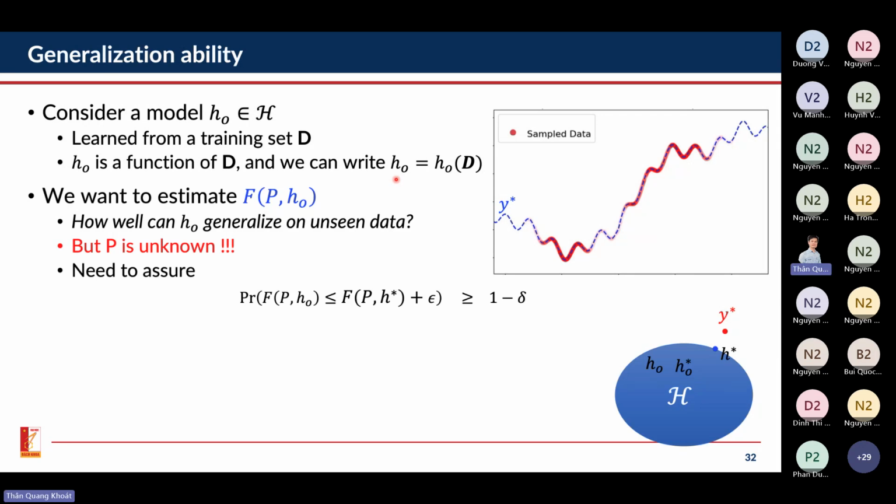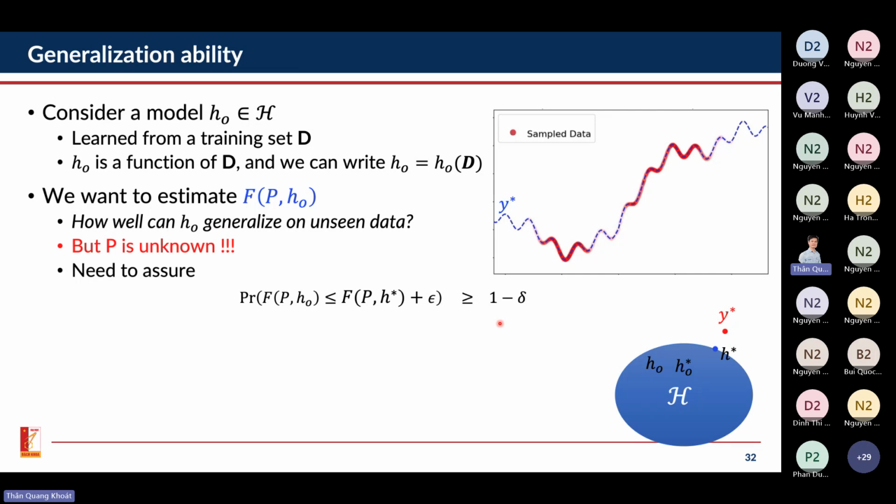Okay, but when we want to analyze generalization, we need to ensure that those randomness should be considered, right? And we need to ensure this statement in terms of probability.